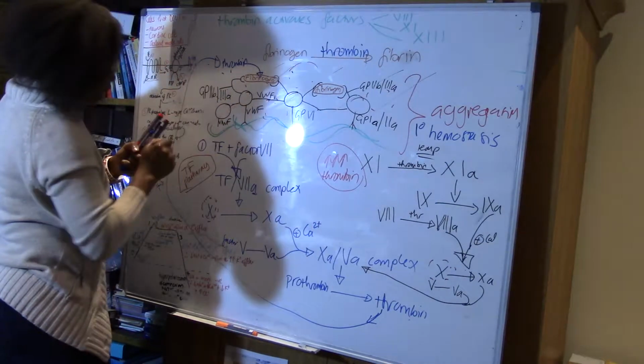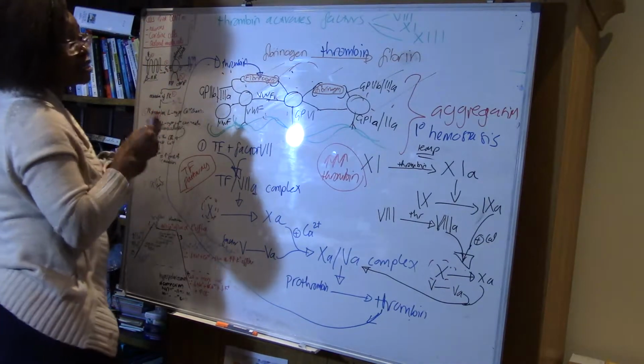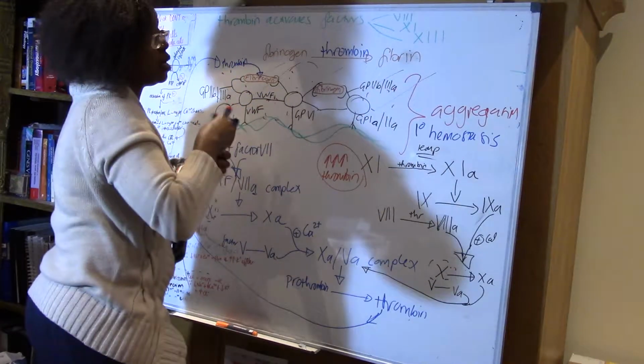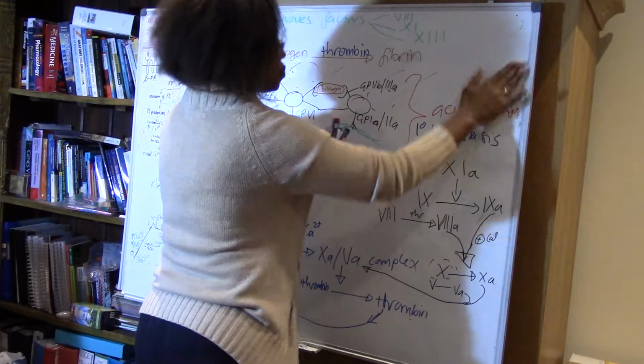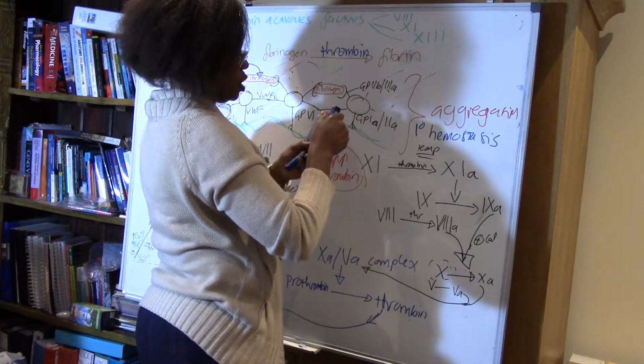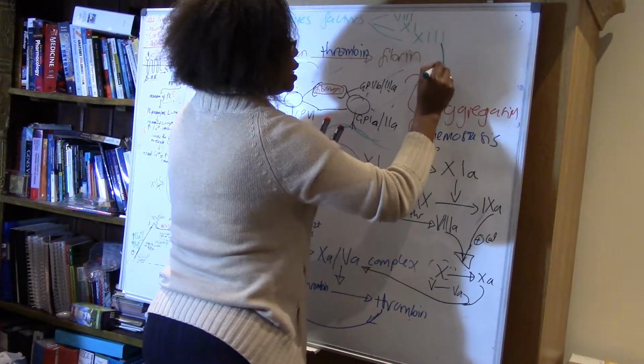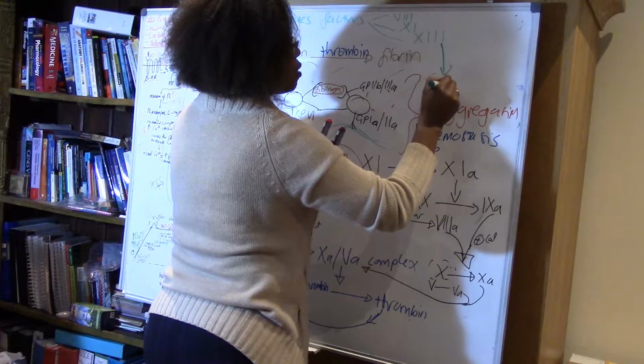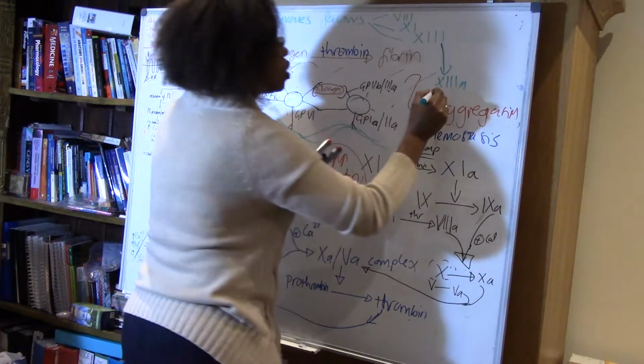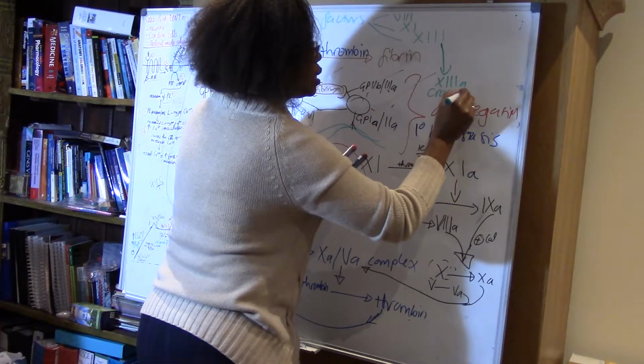And then thrombin again converts factor 13, which is just here. Thrombin is blue. So it converts factor 13 into active factor 13, which really is cross-linking bridges.